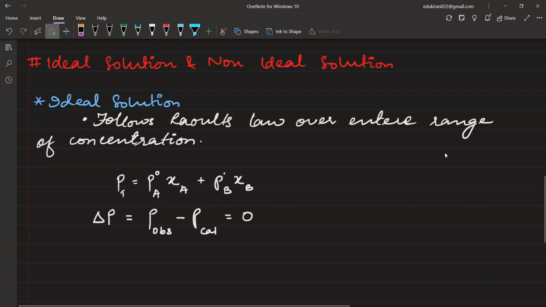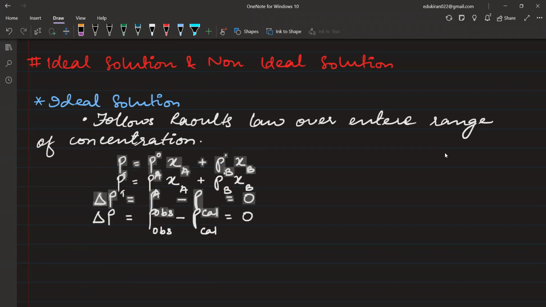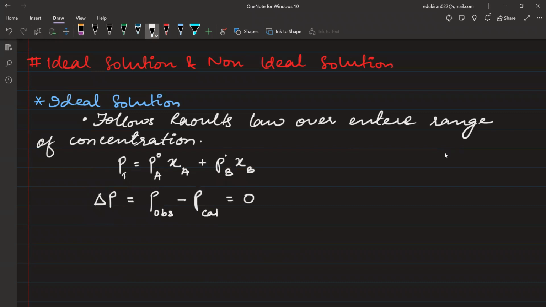Now, where does it arise from? Why do we have the same vapor pressure? It is because, let us suppose when we have liquid A, the A molecules will be interacting with each other, right? There will be some force of attraction between these A molecules.